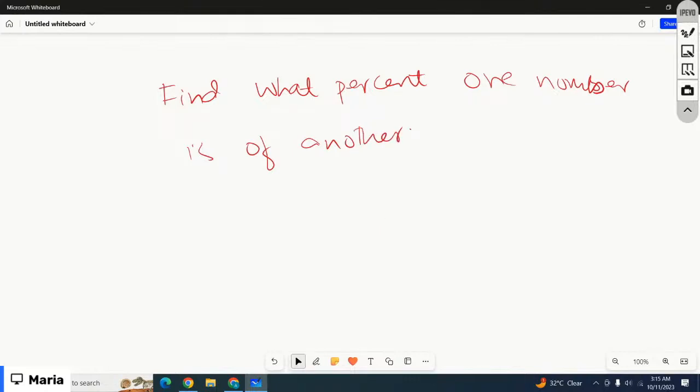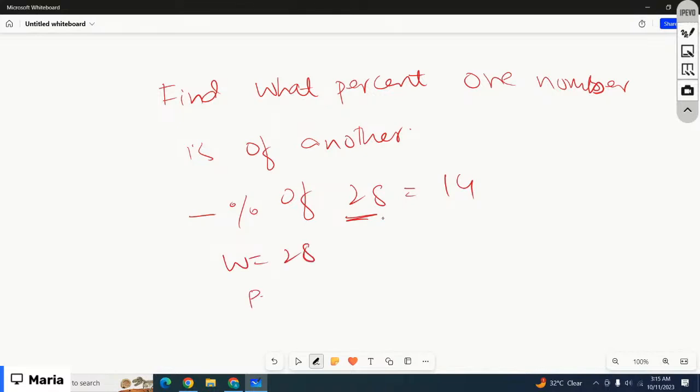For example, you are given the missing percent of 28 equals 14, right? That means you need to see 14 is what percent of 28, right? So how do you calculate? You need to understand the question first. The whole is 28.